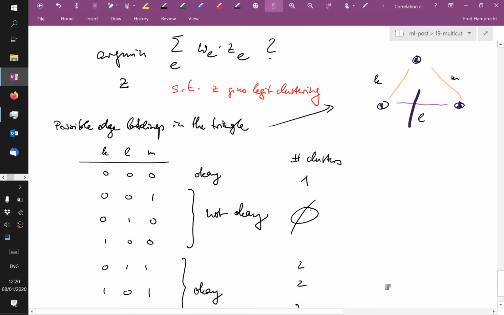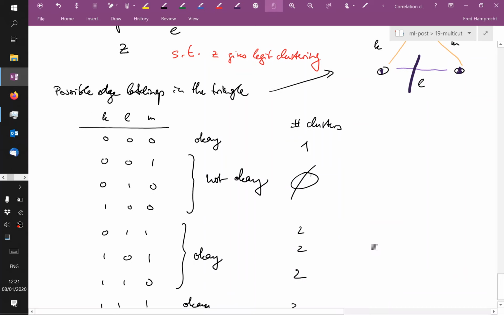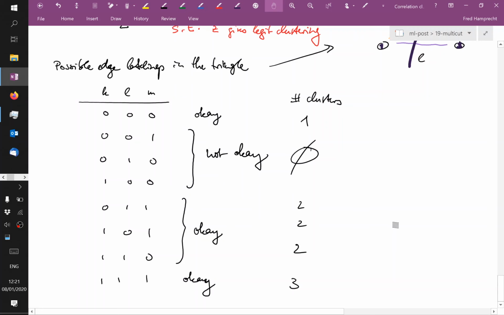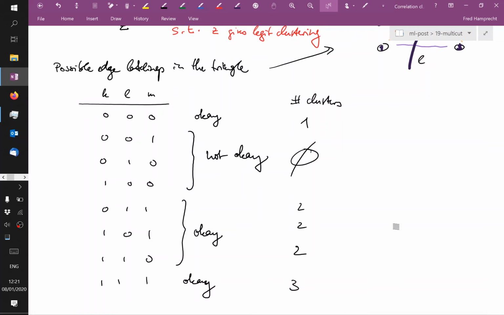Good. So the thing written here in red, such that Z gives a legit clustering, we need to bring this into more mathematical language. And, well, given this table, do you have an idea, or does it remind you of something, or can you think of some kind of constraints?